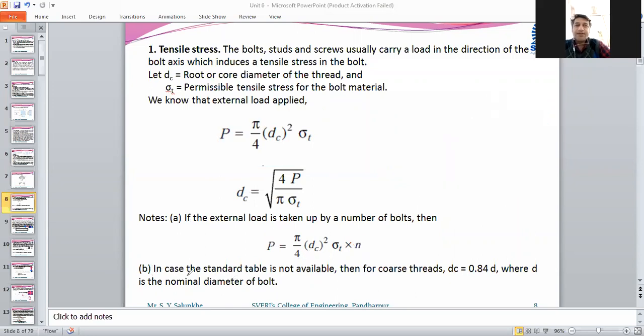Next thing, in case the standard table is not available, that means for the fasteners, standard table is available, because already we have seen they are produced in mass quantity, and hence that standardization is maintained for the fasteners, that is nuts and bolts. Okay, and hence any nut can be utilized for any bolt because they are standard.